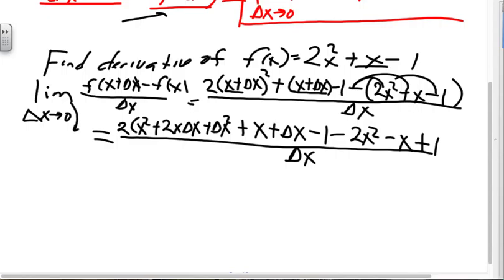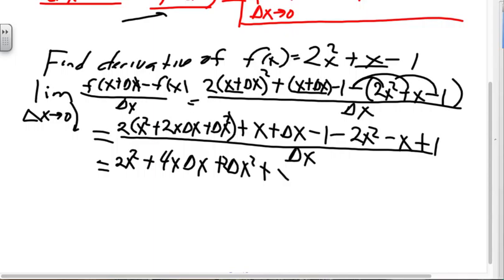I just don't want to write it. Okay, now I'm going to go ahead and bring my 2 in. So that's going to give me 2x squared plus 4x delta x plus 2 delta x squared plus x plus delta x minus 1 minus 2x squared minus x plus 1.